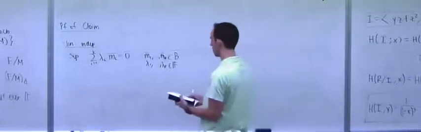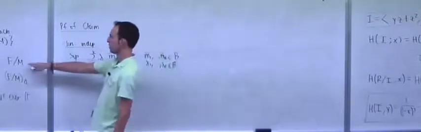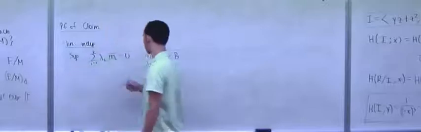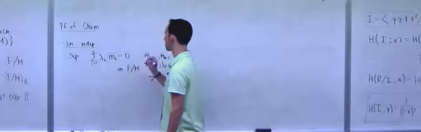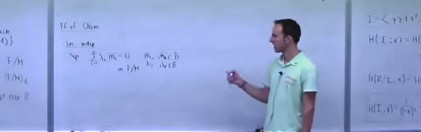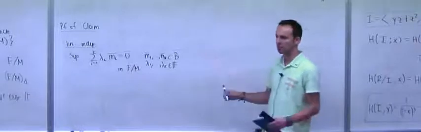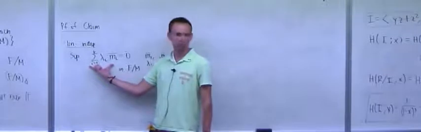Well, where does this equation live? This equation lives in F mod M, right? And so that means that we can lift it to an equation in F. What this is saying is that when I take the coset of this guy mod M, it's the zero coset.